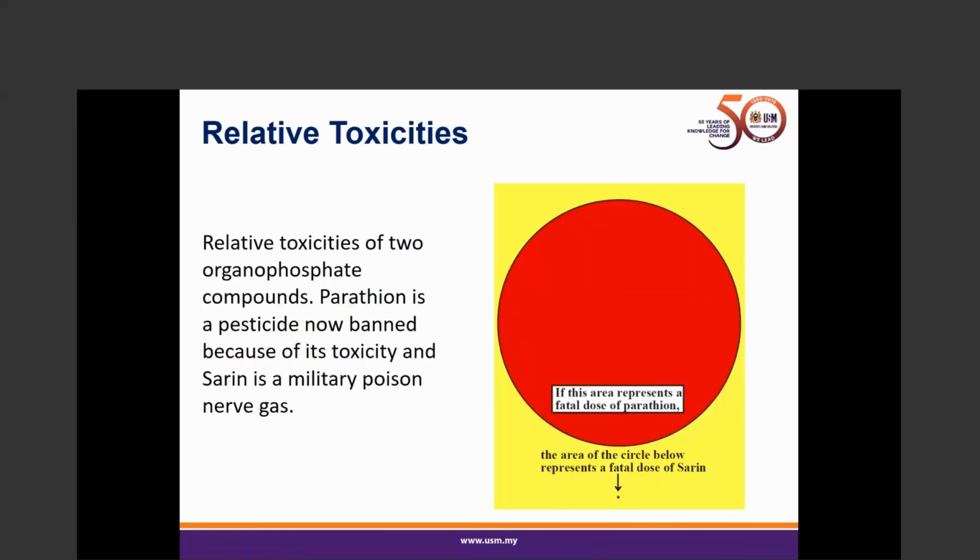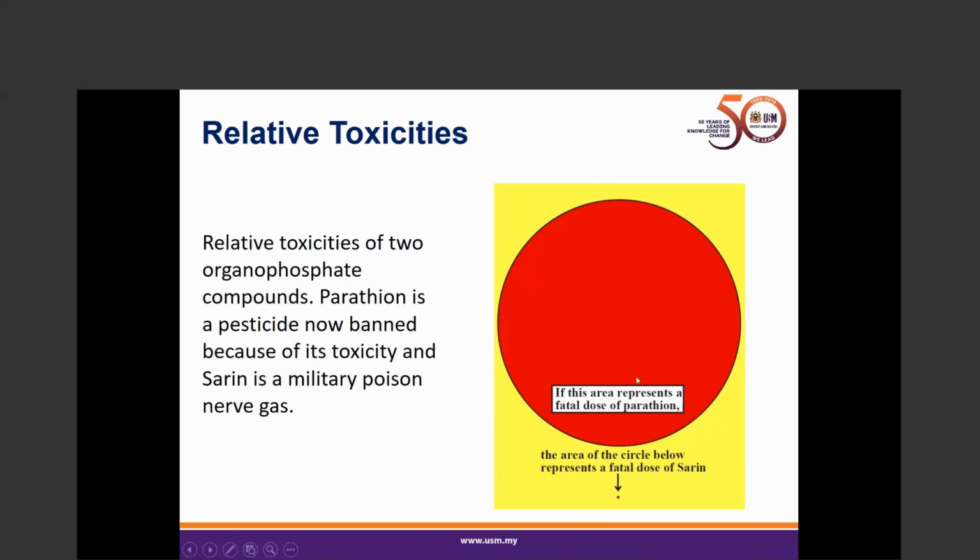In terms of relative toxicities, we can consider this difference in toxicities. If this big red circle represents a fatal dose of parathion, an organophosphate insecticide which is now banned because of its toxicity if not handled properly, the little black spot here represents the fatal dose of sarin, which is an organophosphate nerve gas.